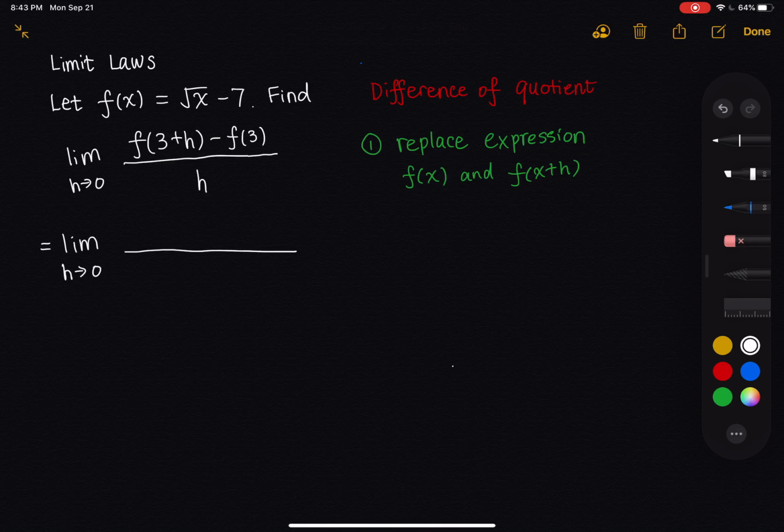On the top is 3 plus h. So it's the square root of the argument. Inside the radical is x, and the argument here is 3 plus h, so inside the radical must be 3 plus h. So the expression is the square root of the input minus 7.